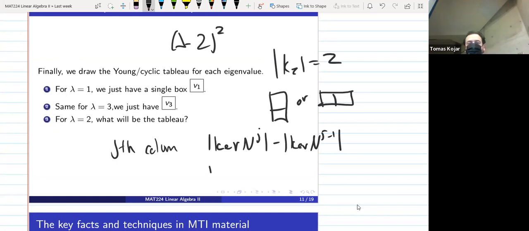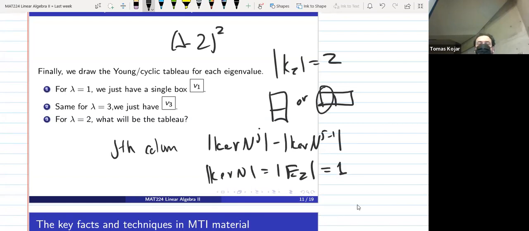And the first one will just be kernel of n. And we found this. It was just E2, right? So it was 1. So you have 1 box. That's one way to see it.